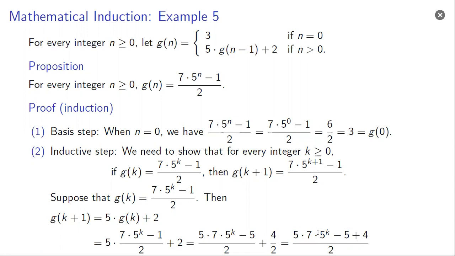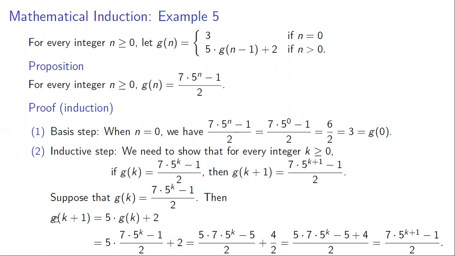What is 5 times 5 to the k? Really this is 5 to the 1 times 5 to the k. Well, that becomes 5 to the k plus 1. So this becomes 7 times 5 to the k plus 1 minus 1, because the minus 5 plus 4 becomes minus 1. And then it's all divided by 2.